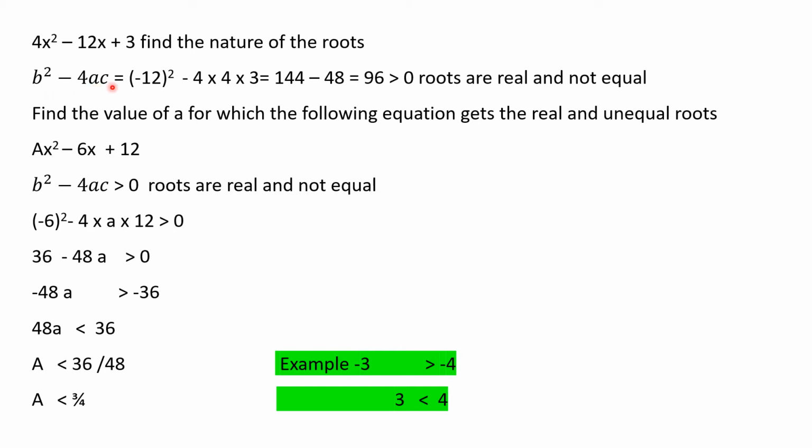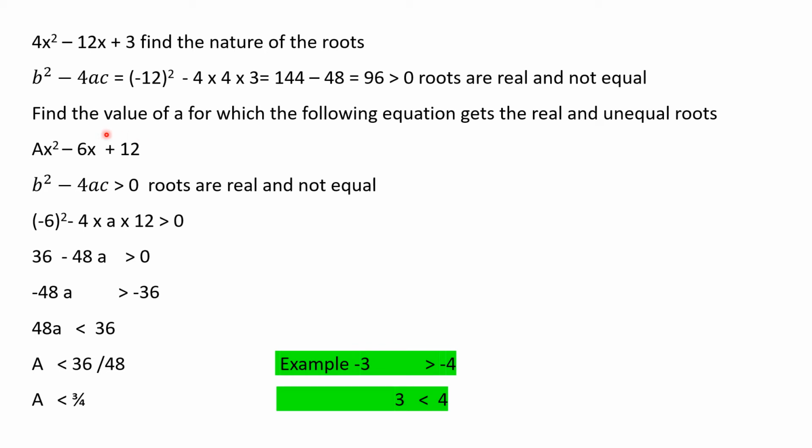So let us find that. b square minus 4ac: minus b is minus 12 square, minus 4 into a is 4 and c is 3. So minus 12 square is 144, 4 4s are 16, 16 3s are 48. 144 minus 48 is equal to 96, which is greater than 0. That means roots are real and not equal.